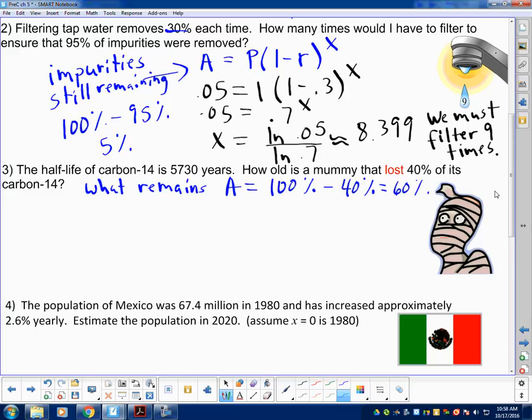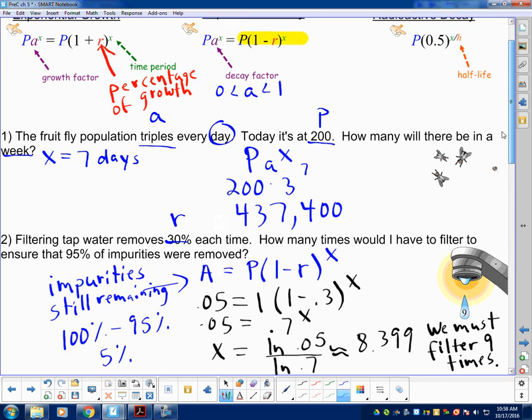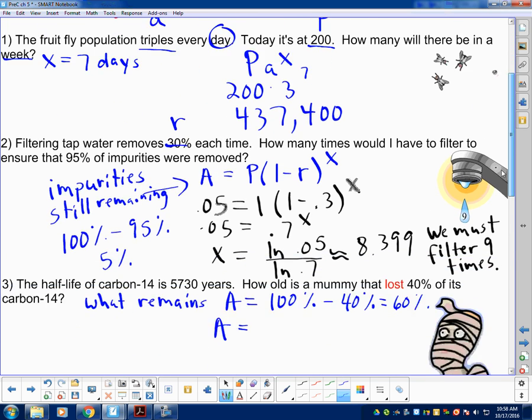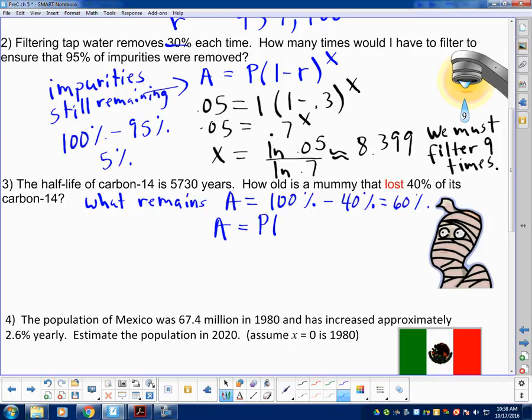And so my equation is, it might help to write down my equation because I can't see it here. So you have A equals P times 0.5 to the X over H power. So here we go. The amount is 0.6.